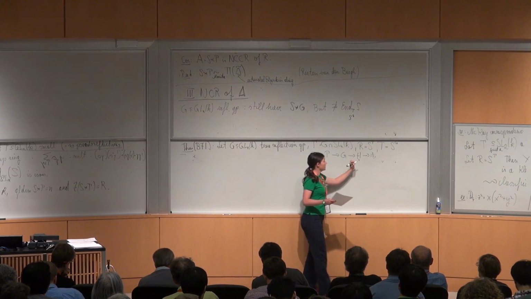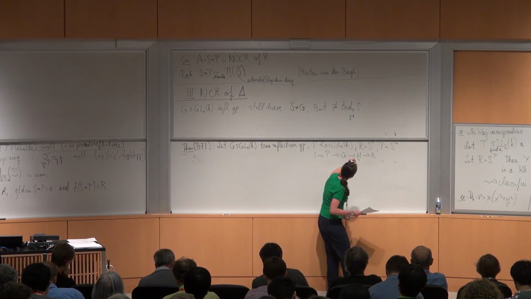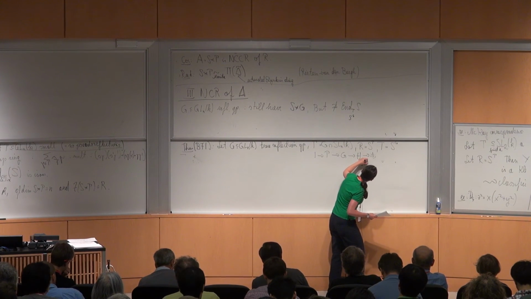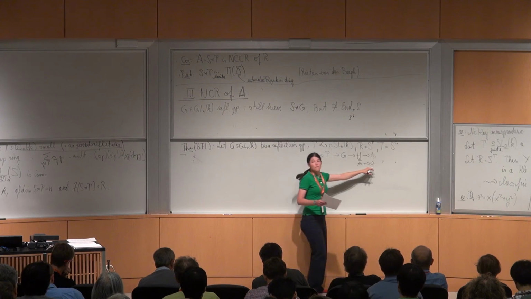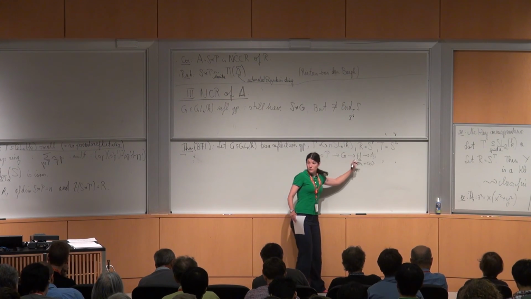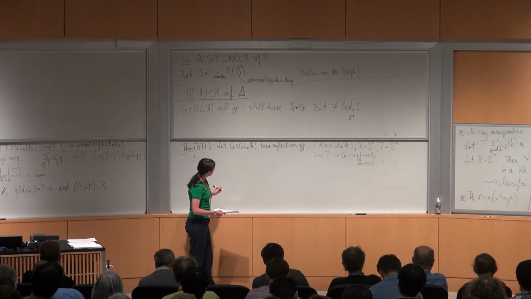And this quotient, since it's of index 2, is just isomorphic to mu_2, so we can think of this as generated by one element. We'll be interested in that later.